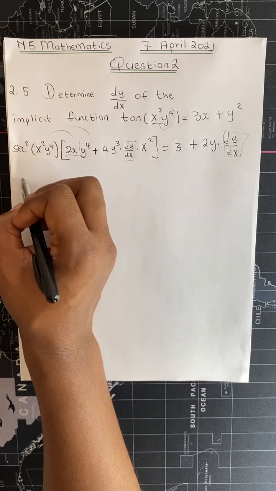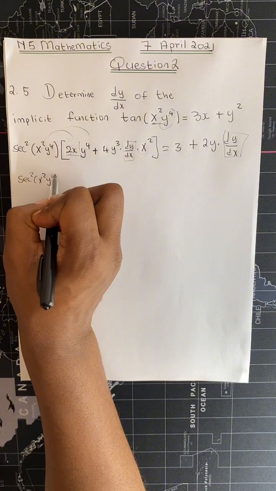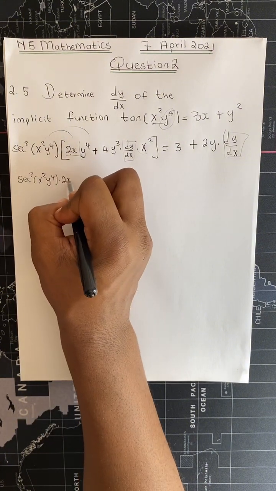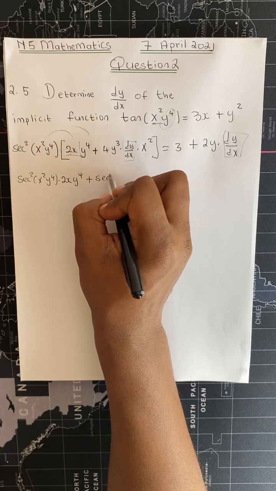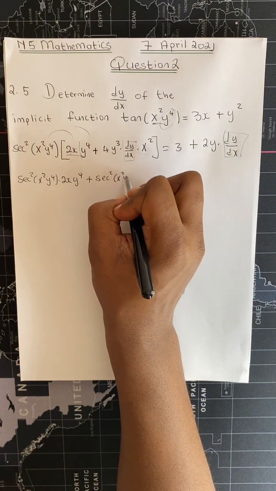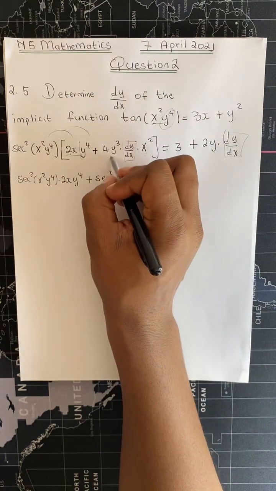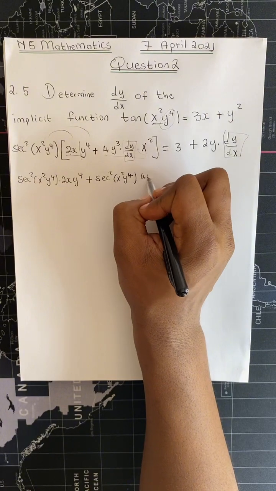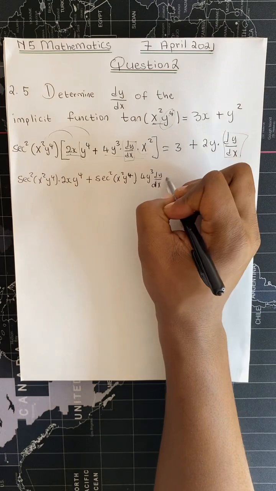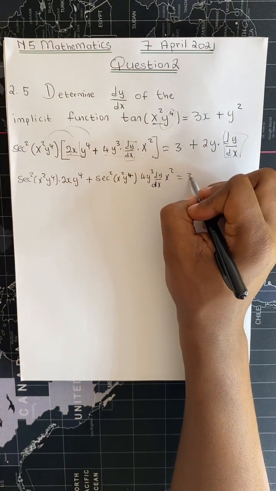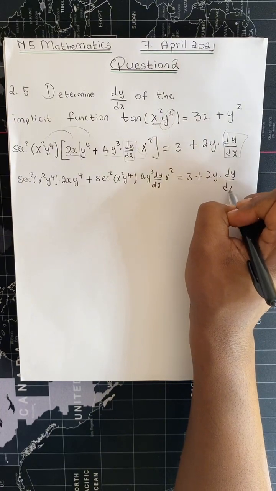So this multiplied by that will be x squared y to the power 4 multiplied by 2x y to the power 4 plus x squared y to the power 4 multiplied by 4y cubed dy over dx. Sec squared is equal to 3 plus 2y multiplied by dy over dx.